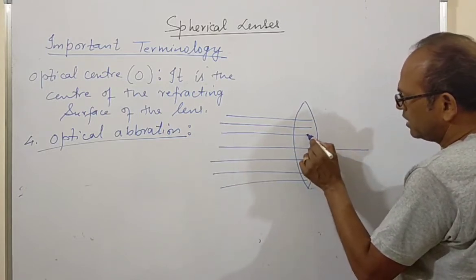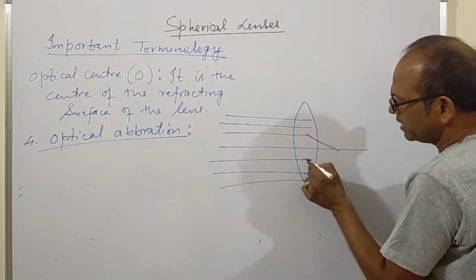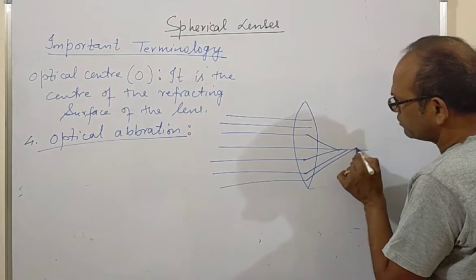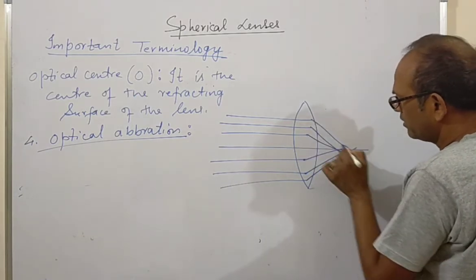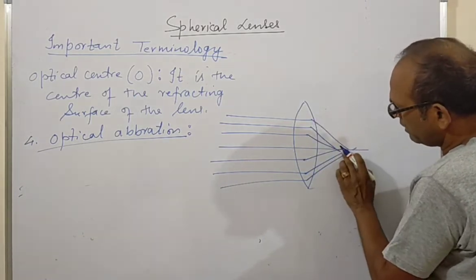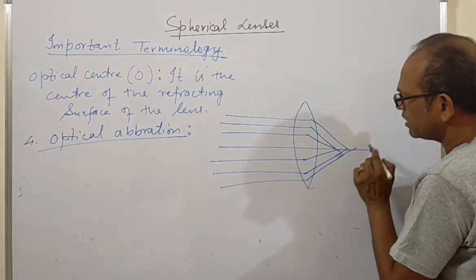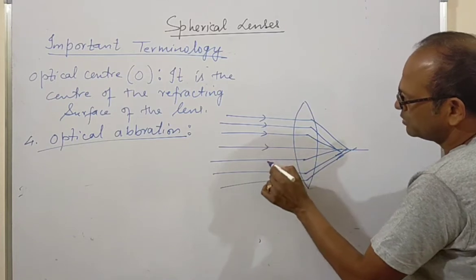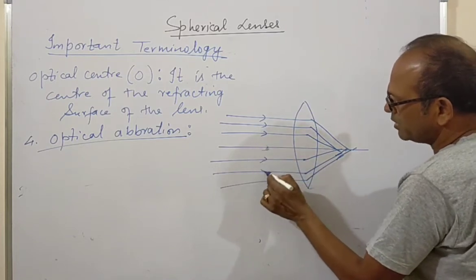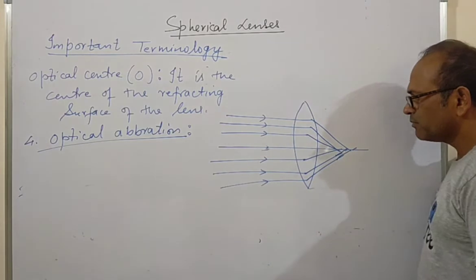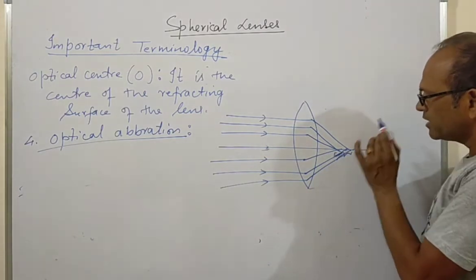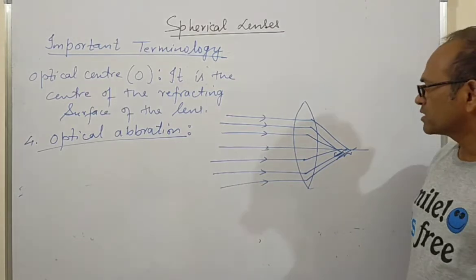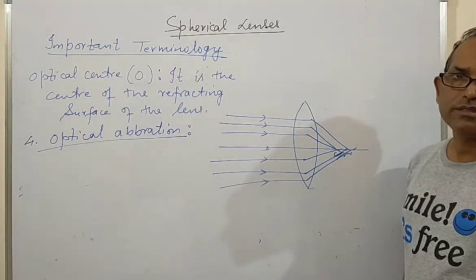So, students, some rays may be meeting here, but some may be meeting a little bit far in this way. So, this is called optical aberration. Not all the rays will be converging at the same point, though we say they meet at a point. But if we study it minutely, there will be a minor difference between the convergence of the rays. So this is called optical aberration.